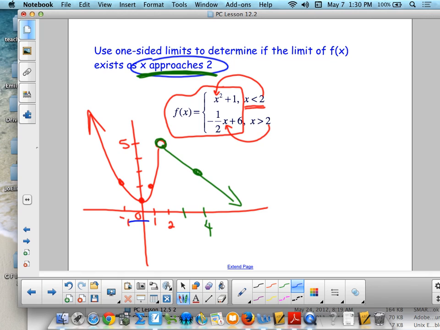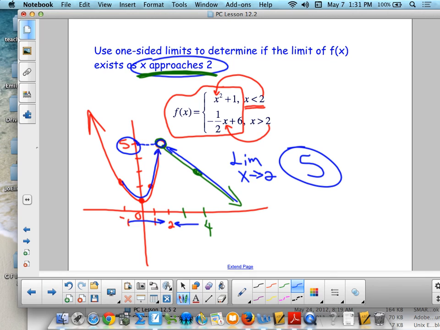As you approach 2 from the left, 2 from the right, look, you're getting closer and closer to what number? The same number. That number happens to be 5. So what's the limit of this one? As x approaches 2, the limit's 5. By looking at a graph, you can tell all that. You can see it. This is using one-sided limits. From the left, from the right. Am I approaching the same number? Yes, I am. It's 5. Okay.